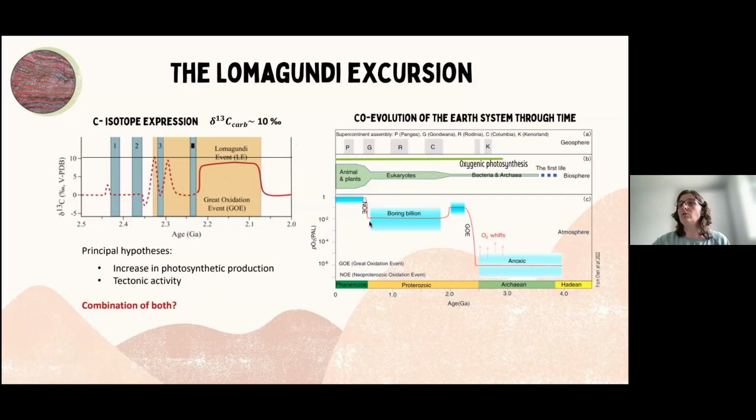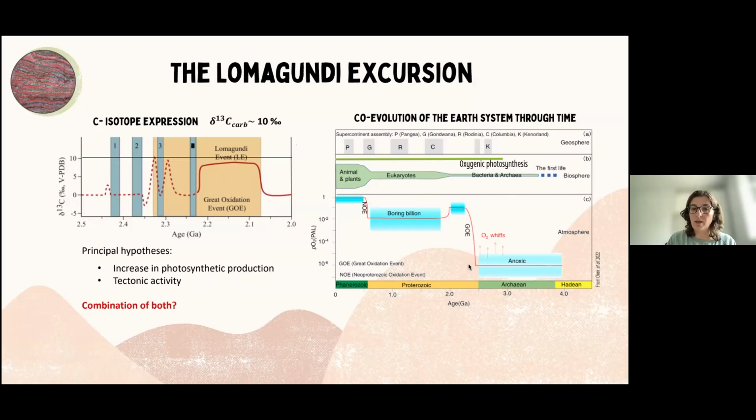Why? Because note that here the oxygenic photosynthesis started quite before the oxygenation event. So at some point, around 2.4 billion years from here, the atmosphere started to accumulate oxygen because the production of this oxygen exceeded the consumption by organisms.